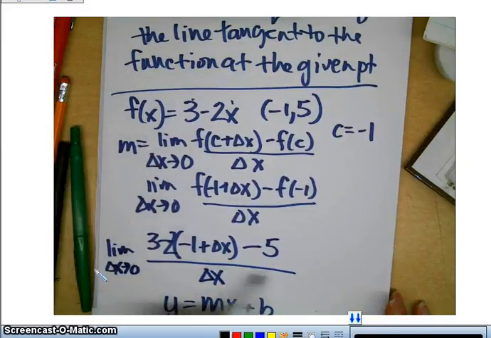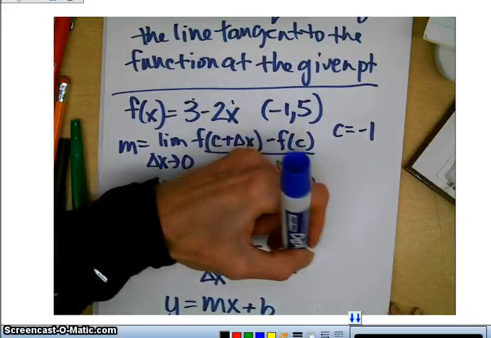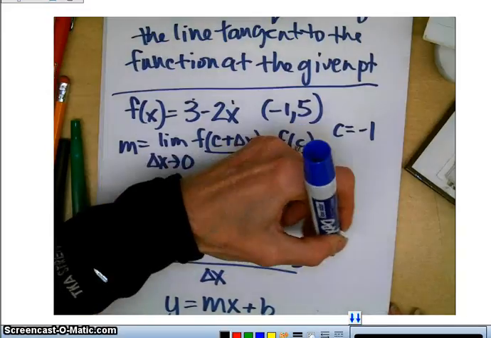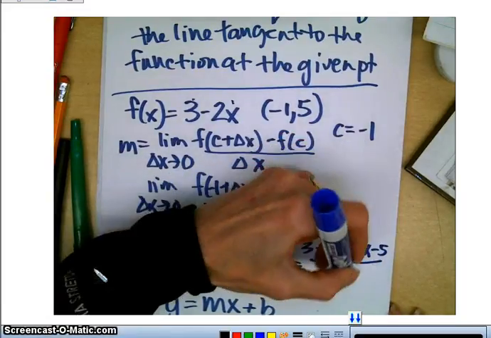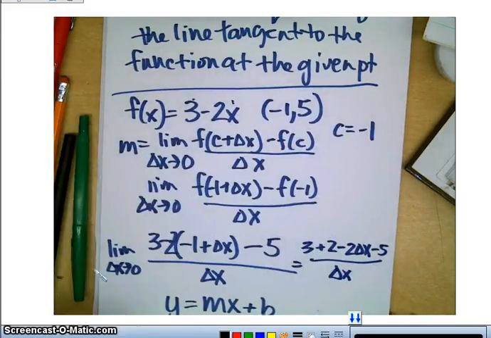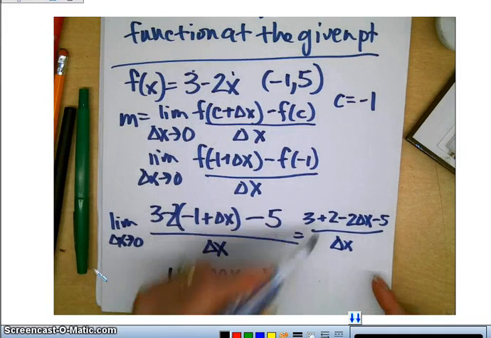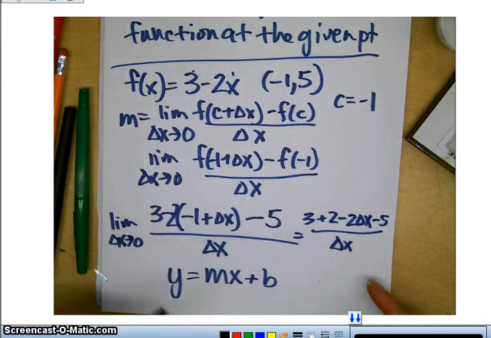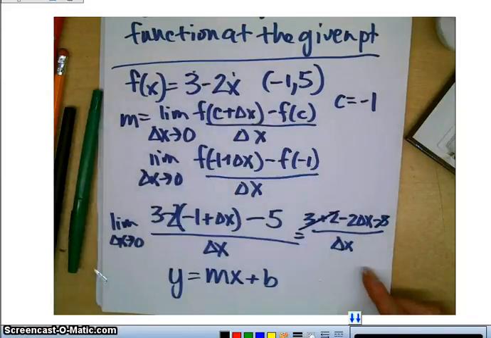Okay, what are we going to do on the top? Distribute the negative 2. So I have 3 plus 2 minus 2 delta x minus 5 all over delta x. Haven't taken the limit yet. What's 3 plus 2? Minus 5. So what's left on top? These cancel.